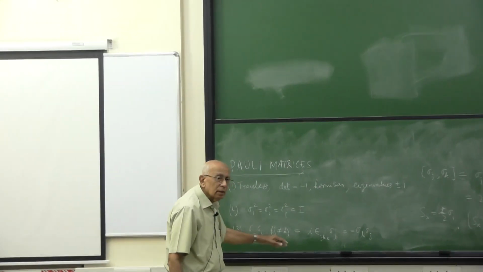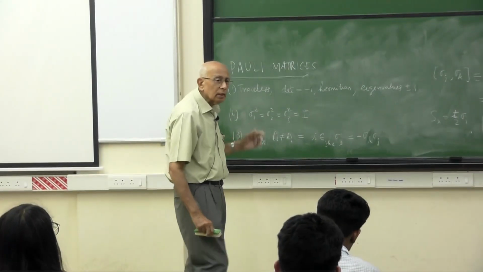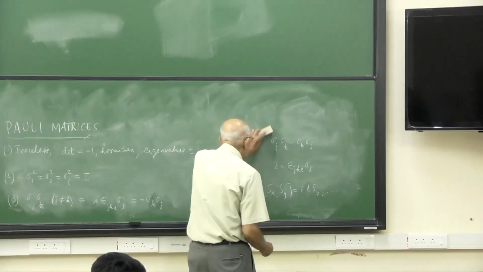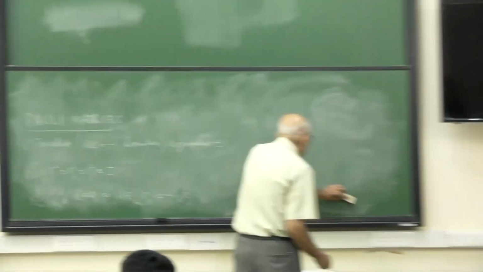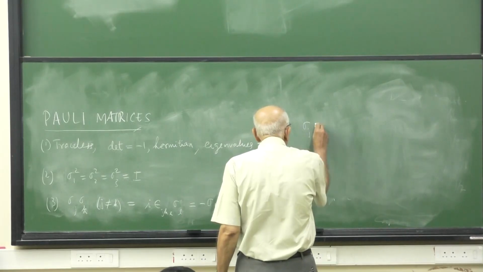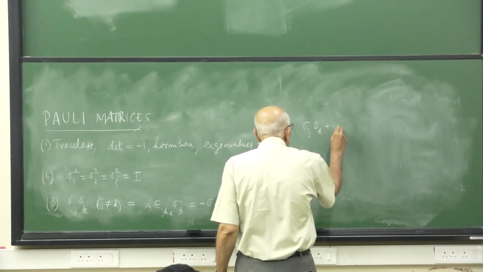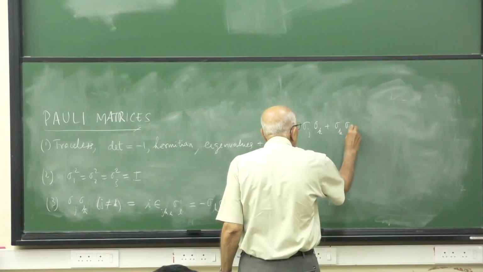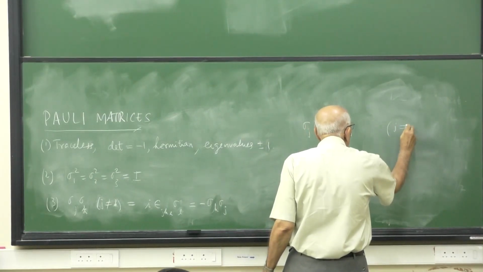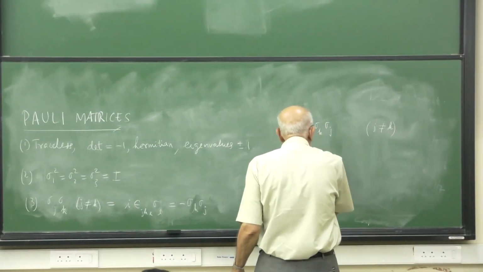As interesting as this is, it's even more interesting because you look at the anti-commutator. So look at what happens now if I do the other thing. Sigma j, sigma k, plus sigma k, sigma j. What is this equal to?